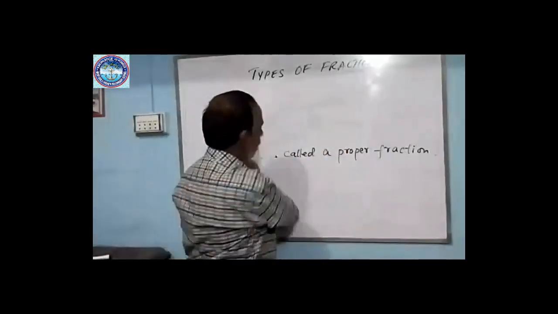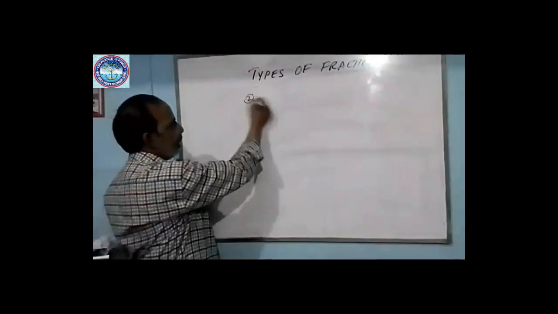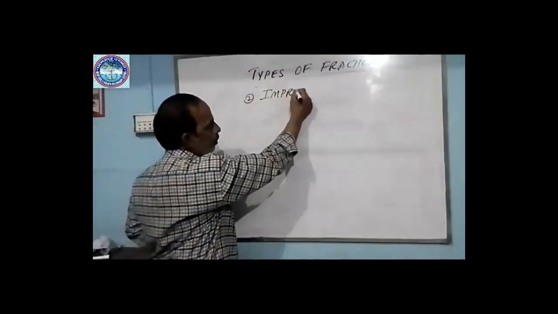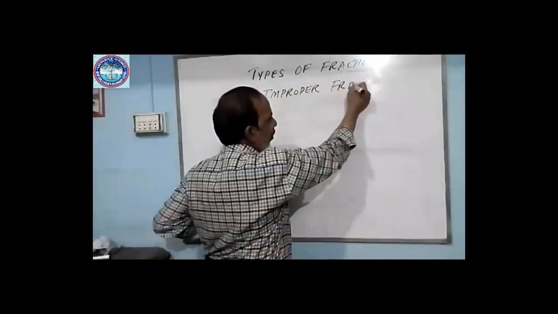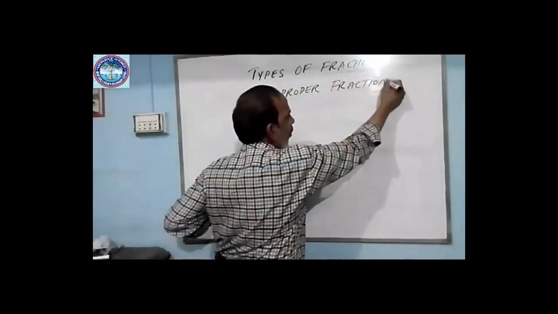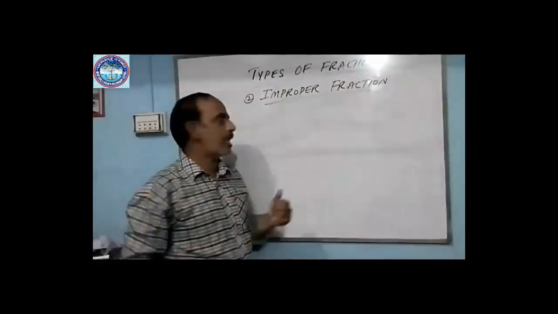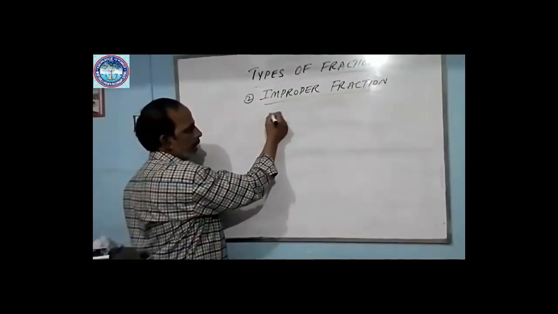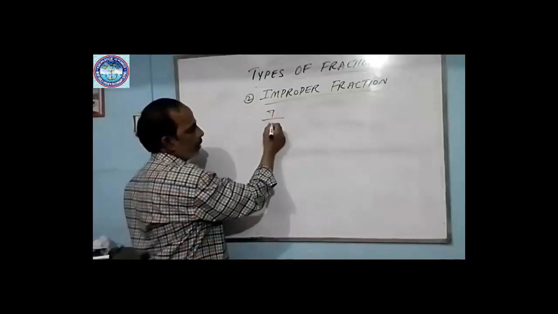We have improper fraction. Number 2 is improper fraction. What is improper fraction? Let's take an example. That is 7/3.